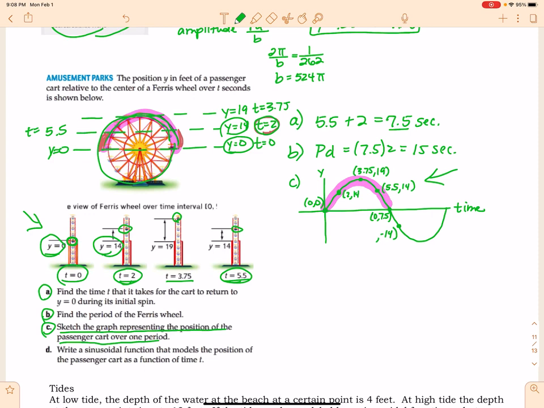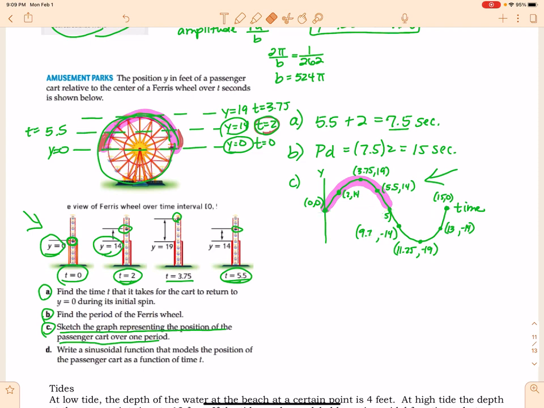Another 2 seconds, so 9.5 seconds. Then we peak here at negative 19, and 1.75 more seconds have passed, so this is 11.25. Then we do this again, and that's negative 14 at 13 seconds, and right here that would be 15 seconds and 0.